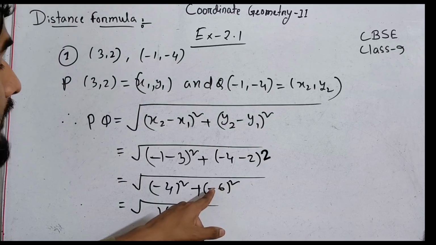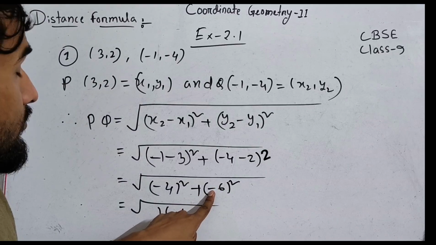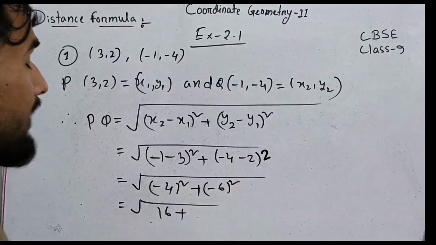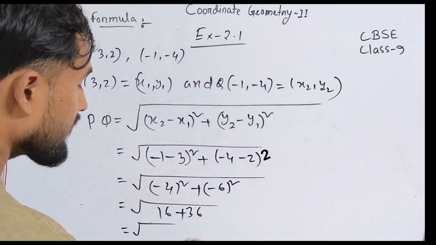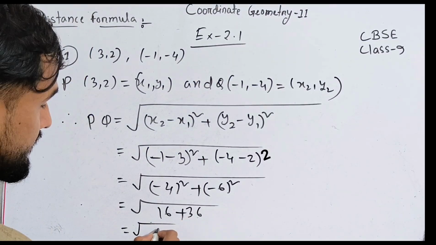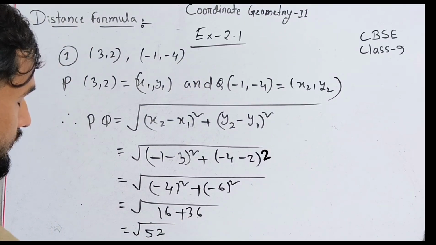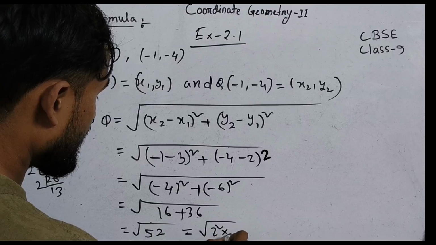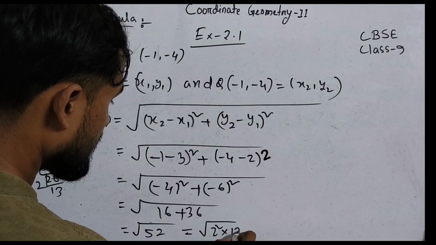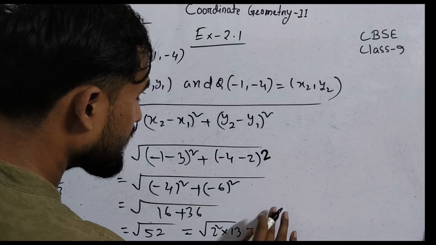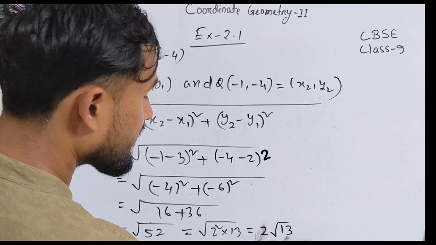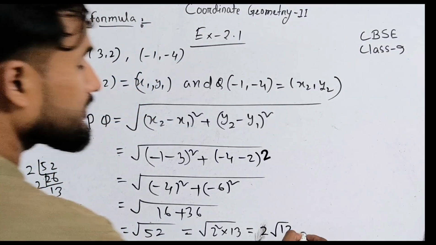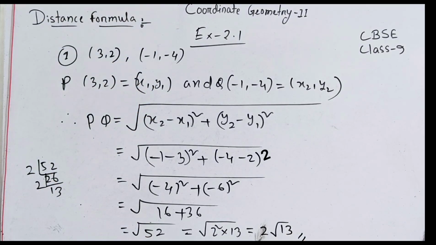And again, a negative number squared is positive, and 6 squared equals 36. 16 plus 36 is 52. The final value will be 2 root 13, and this is the answer. First question solved.